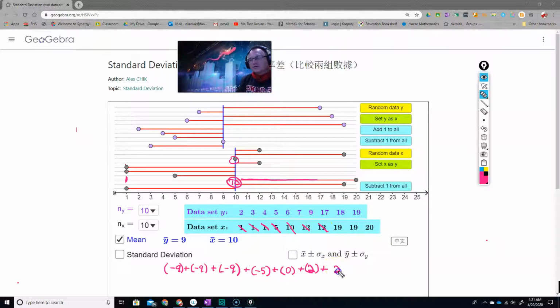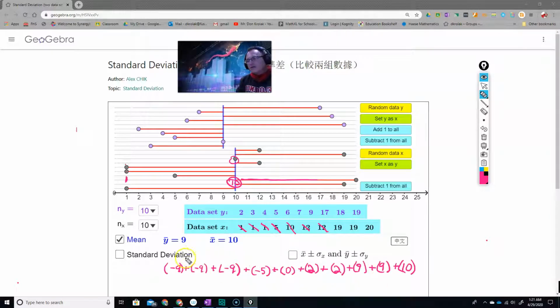Okay, there was another 12, and then 19 take away 10. And then a 20 take away 10. All right, now we want to add those up, but the problem is when you have positives and negatives, some of those are going to cancel each other out.